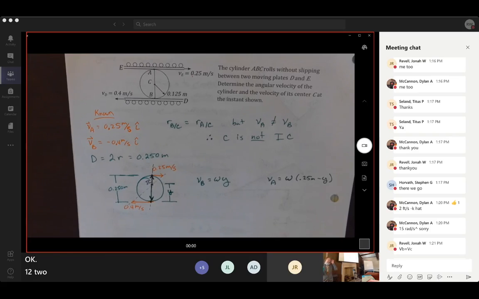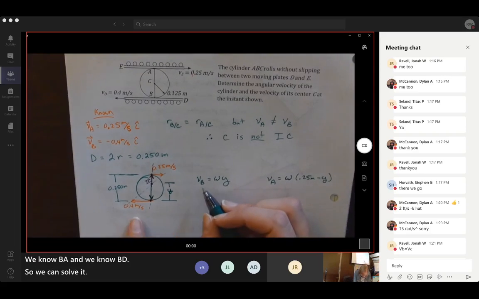How many unknowns do we have? Two. We don't know omega and we don't know y. But we know VA and we know VB. So we can solve it.